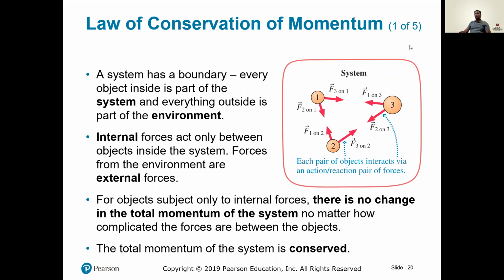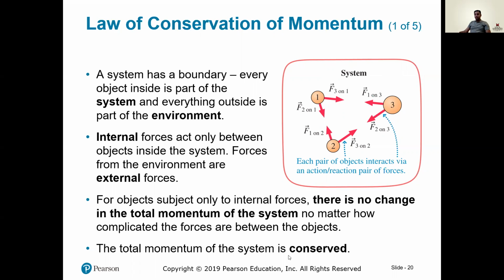And you have the environment outside this line, but there could be forces which are not affecting these objects. This is a closed system. If it was an open system, then you would have forces going in or out of the system, so there would be an interaction between the environment and the system, okay?